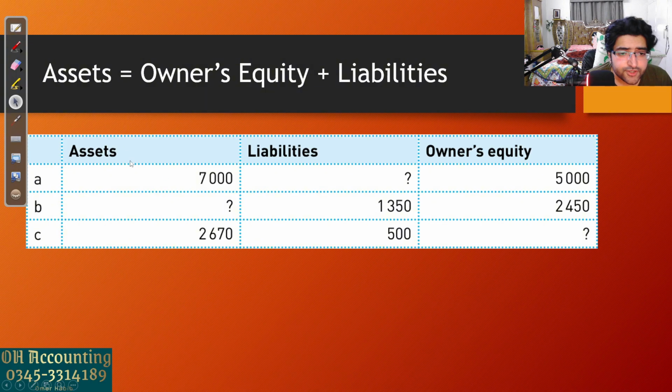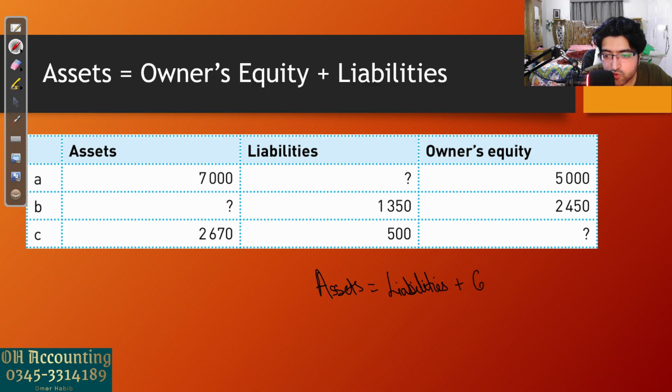Okay, so using the accounting equation, we can easily fill this table. We know assets, let me write this once, is equal to liabilities plus capital, which is also called owner's equity. So I will write in brackets OE just so that you don't get confused. Owner's equity or capital is the same thing.